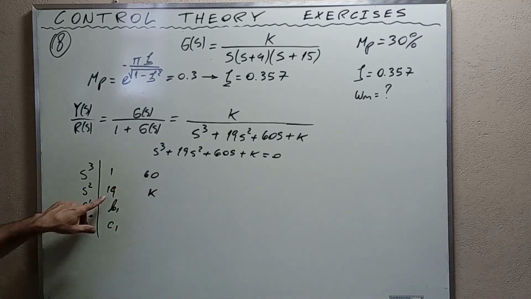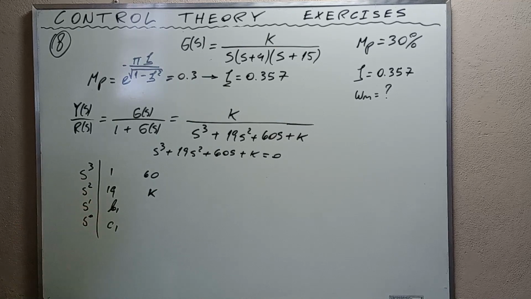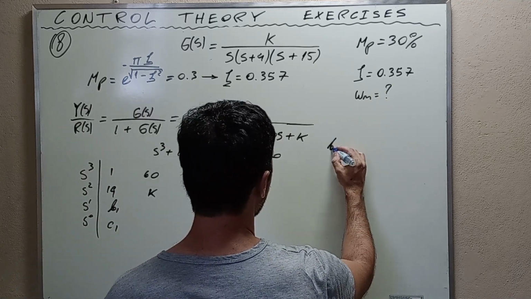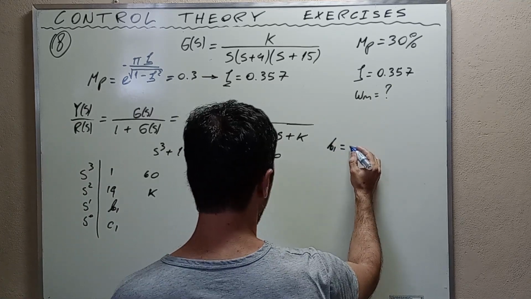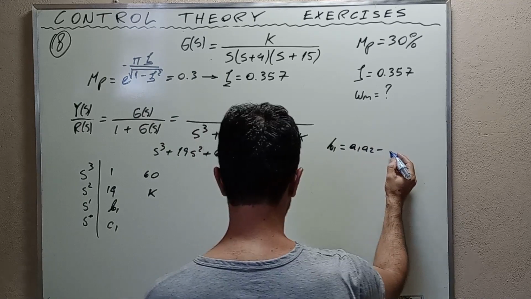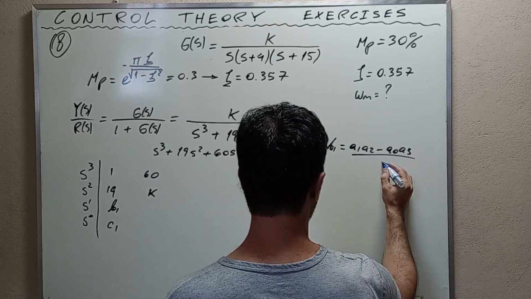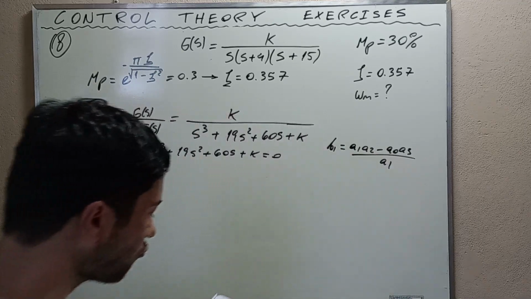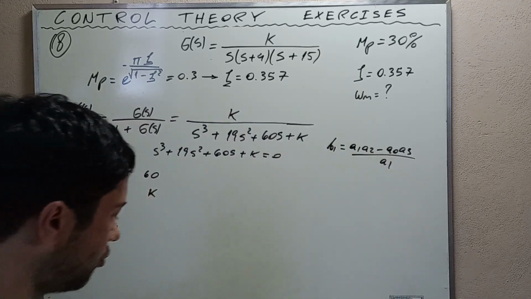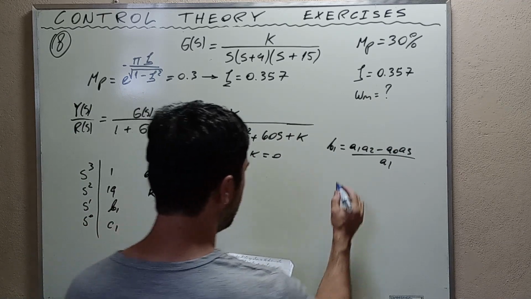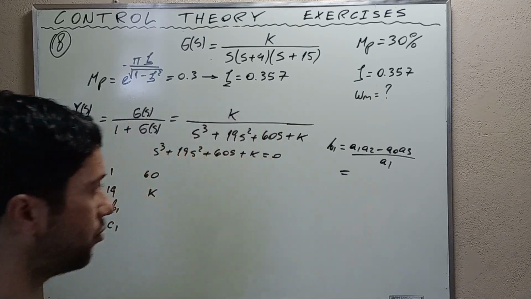We have to calculate the values of b1 and c1. Let's go and calculate the value of b1. b1 is going to be equal to a1 a2 minus a0 a3, divided by a1. And we substitute. You have to use the values.